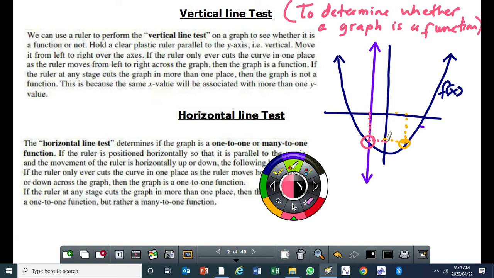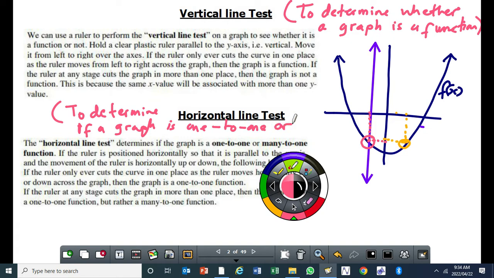Now, if you want to determine whether it's one-to-one or many-to-one, we use the horizontal line test. So, we use the horizontal line test to determine if a graph is one-to-one or many-to-one function or relation.